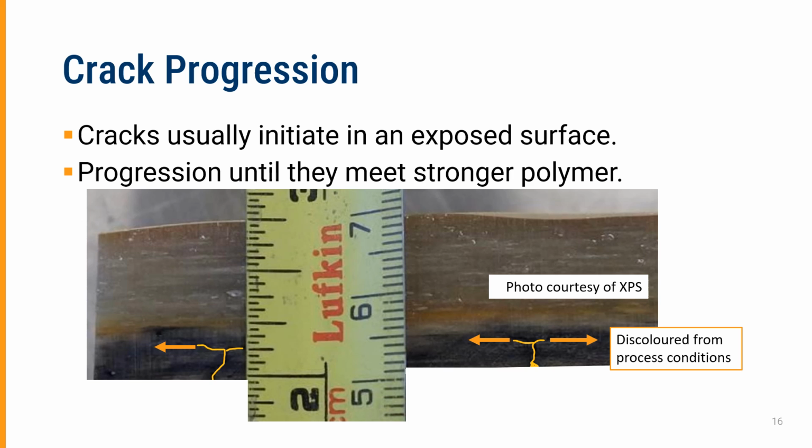Crack progression is also quite different in FRP. I've highlighted the cracks here because it enhances the contrast that we have available. This is from a sample provided courtesy of XPS in Ontario. And we have a crack forming in this darkened layer of FRP.